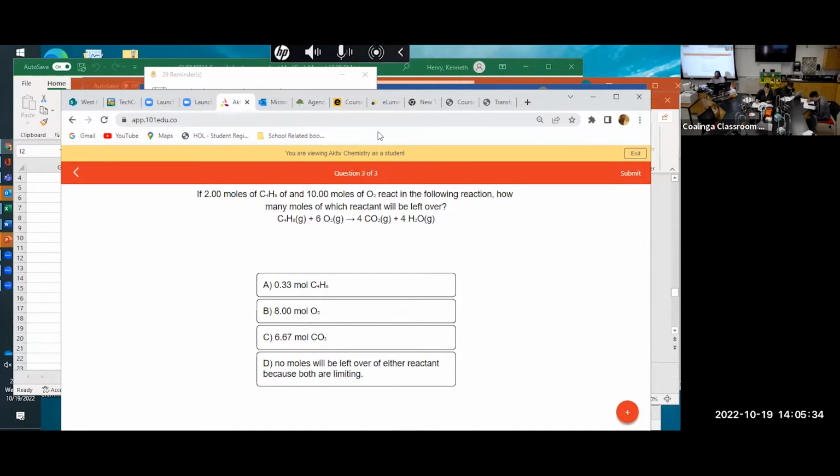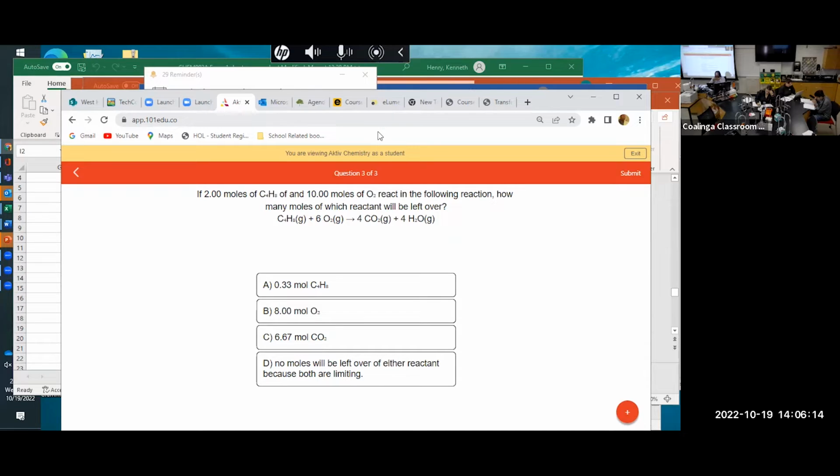So in this problem, if 2.00 moles of butene, so 2 moles of butene, and whoever wrote this problem was thinking of many things at the time.